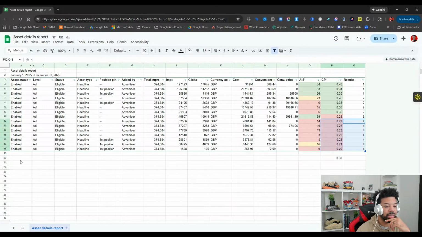I can add in there and see if that replacement will improve the overall AIS or the CPI overall.